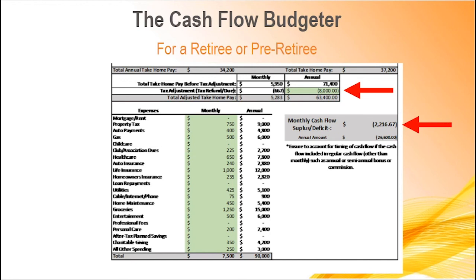They have a monthly cash flow deficit of $2,216. That's the amount in retirement we're going to have to pull out of their investment accounts for them to supplement the lifestyle that they want. And down below, it just shows that annualized amount of $26,600.